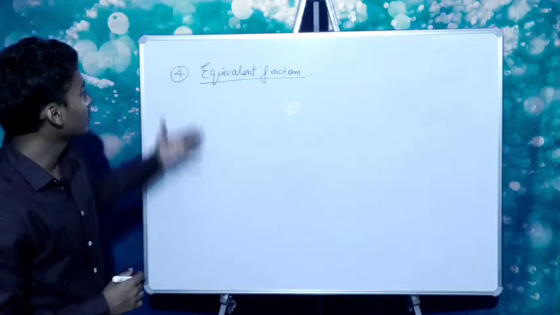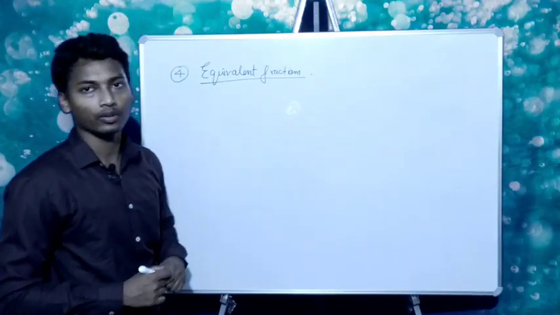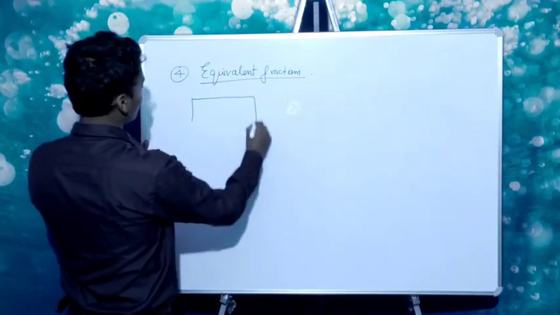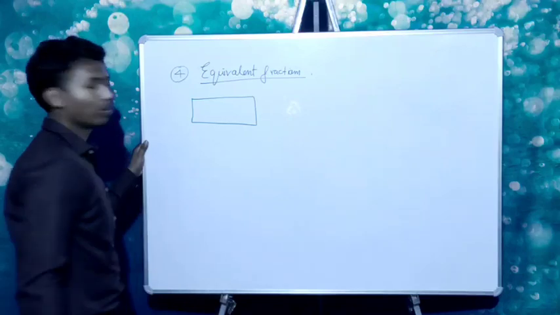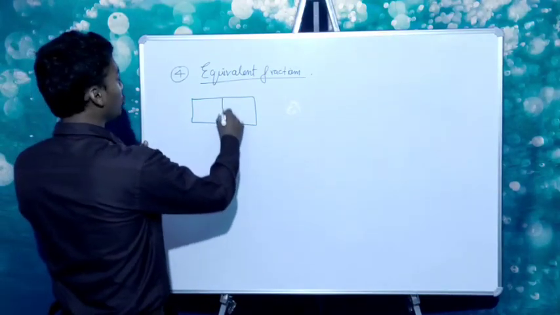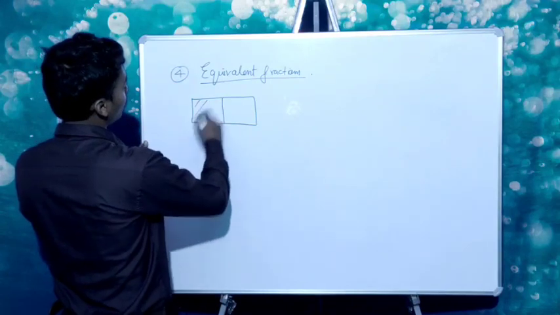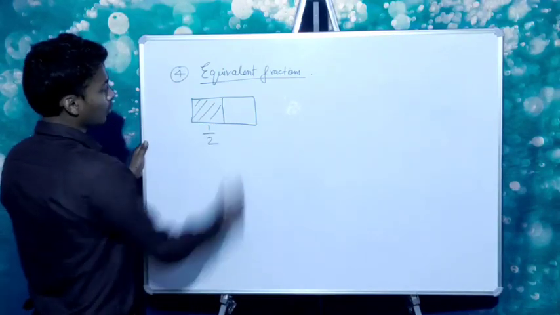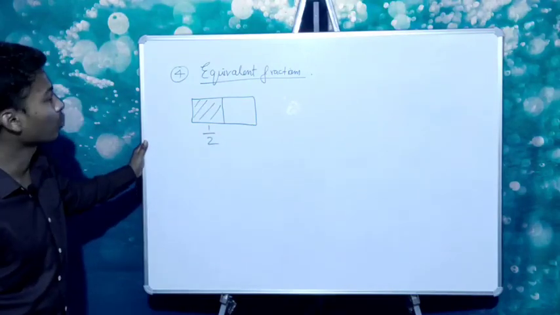Now let's understand equivalent fractions. Let's take an example with the help of a rectangle. If I divide this rectangle into two parts and take one part out of it, it will be 1/2, that is 1 by 2.